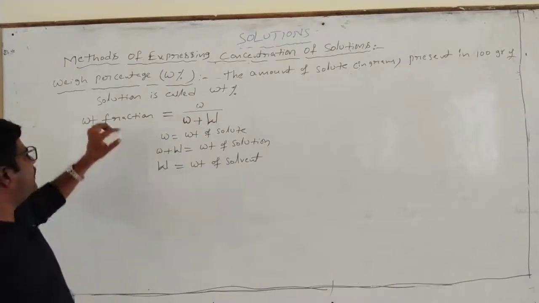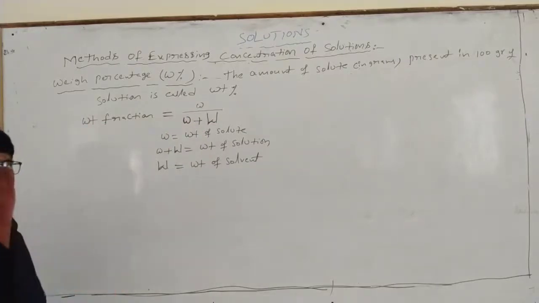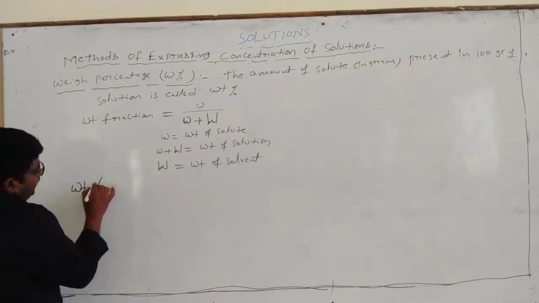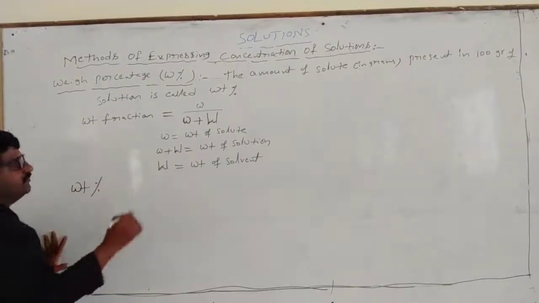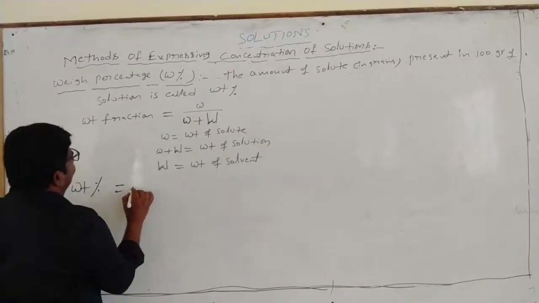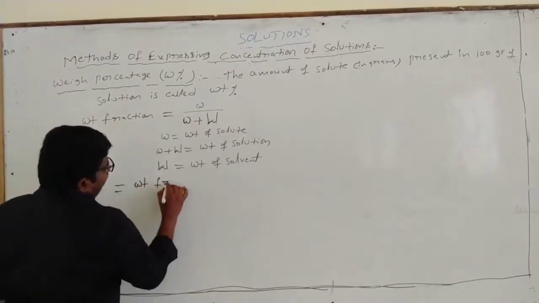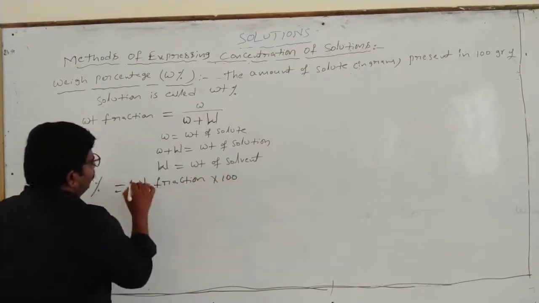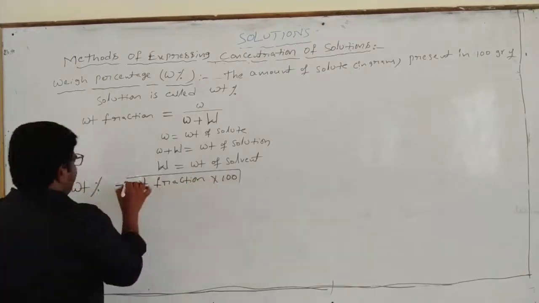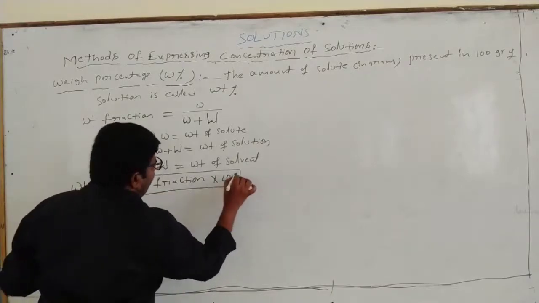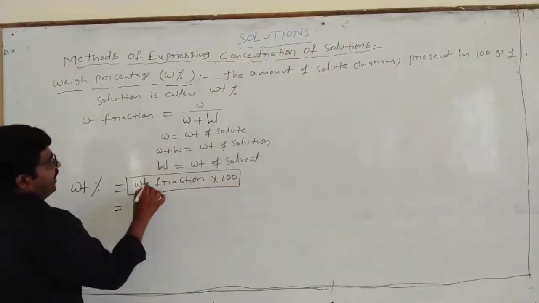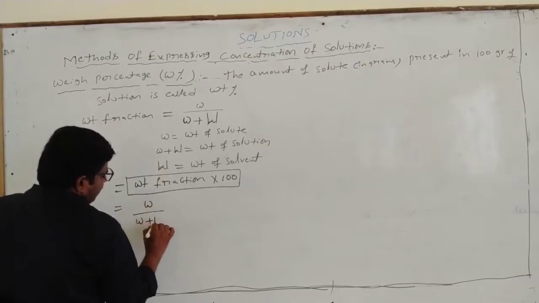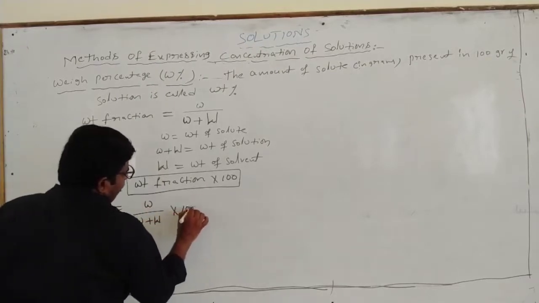So weight fraction is the ratio of the weight of the solute and the weight of the solution. Now, weight percentage is equal to weight fraction into 100, that is, small w by small w plus capital W into 100.